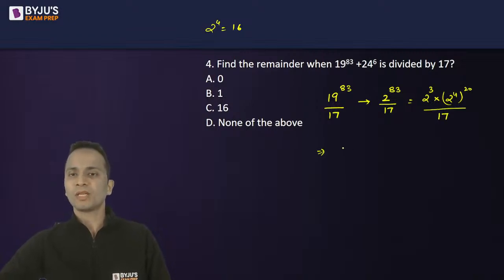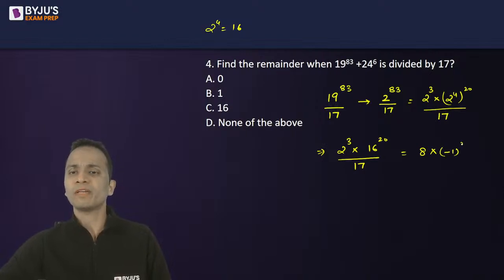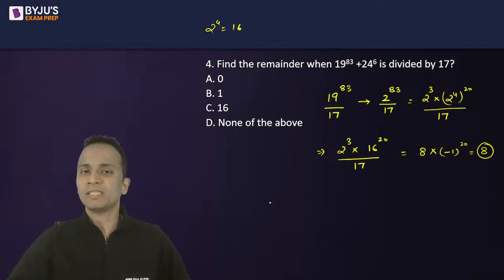Now 2 cube is 8, and 2 raised to the power 4 is 16. 16 when divided by 17, the remainder will be minus 1. Minus 1 raised to the power 20 will be plus 1. So 8 multiplied by plus 1 will be equal to 8. From the first part, I'm getting a remainder of plus 8.